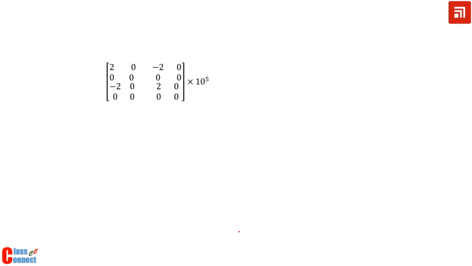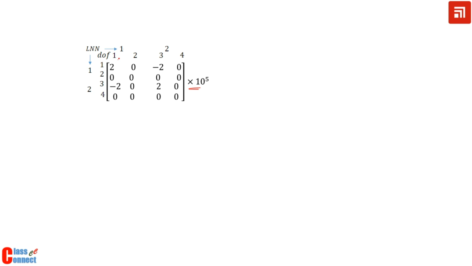So let us proceed further. This is our first equation. This 10 to the power 5 has been taken out. These are degrees of freedom 1, 2, 3, 4 for the local coordinate system. Local node numbering is 1 and 2.